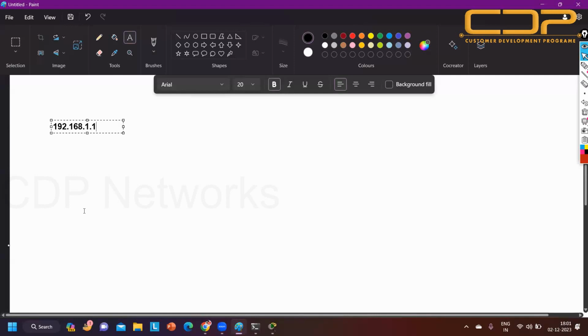And how many host bits? 8. What will be the subnet mask for this IP address? 255.255.255.0. Very good.